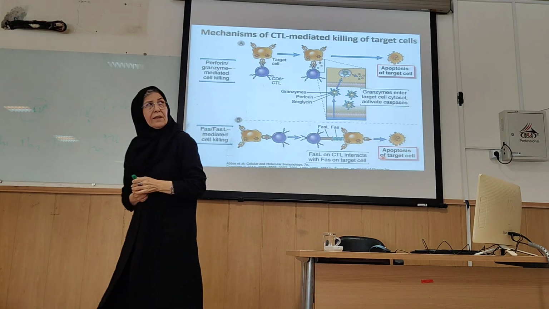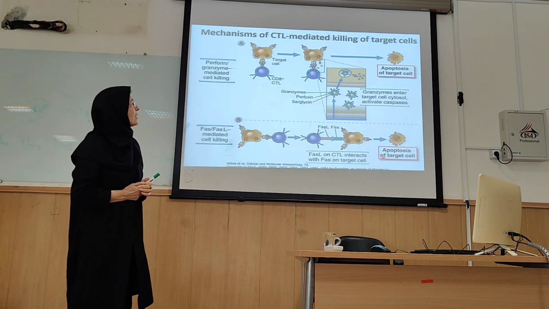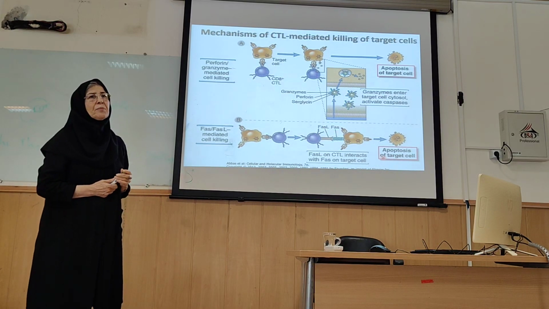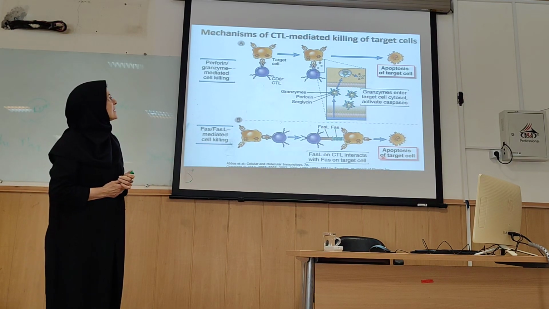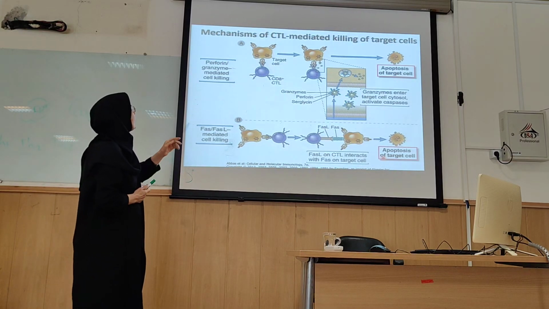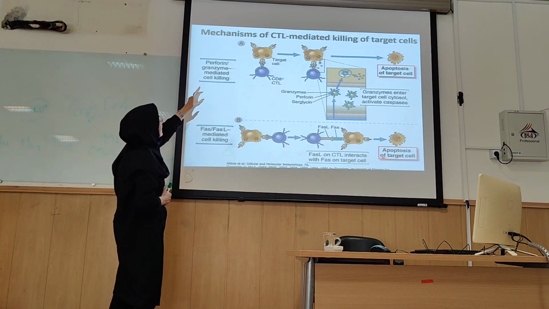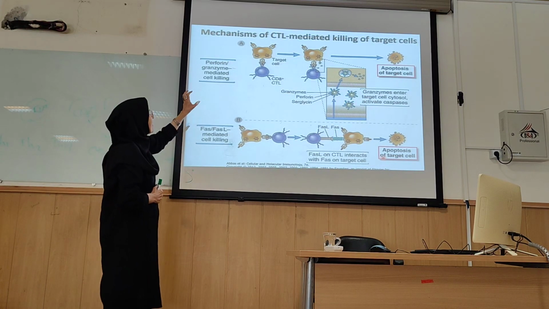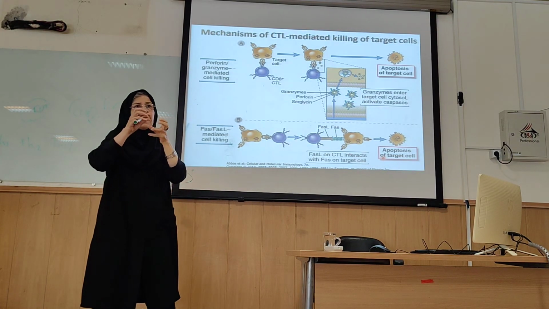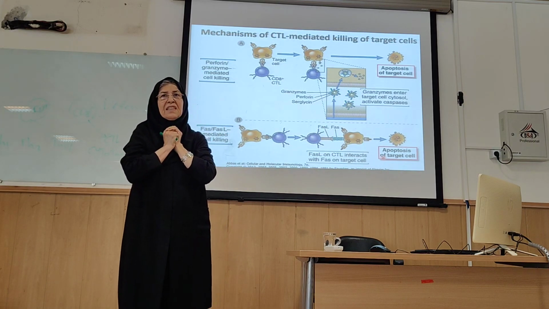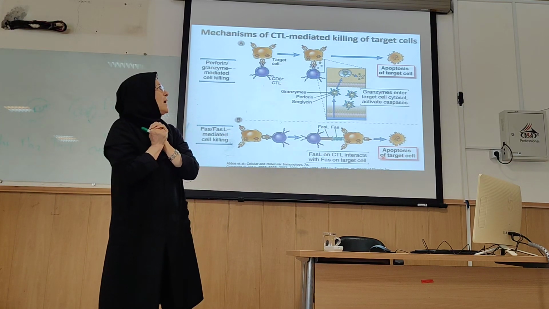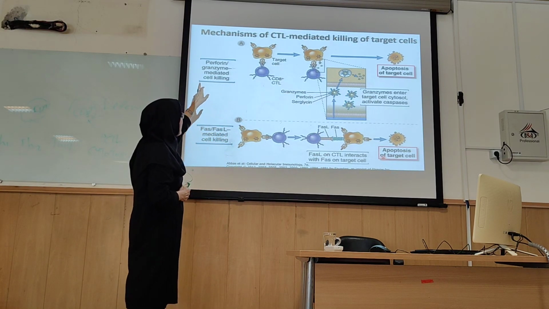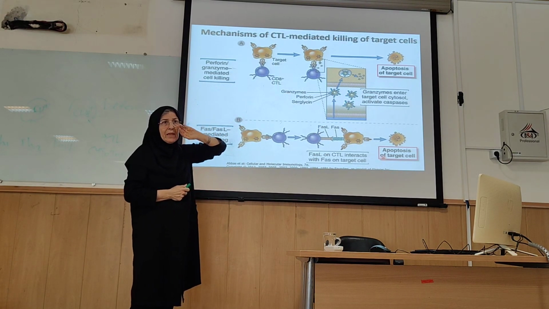You can see here two mechanisms for killing of the target cell by CD8 positive T cells, or CTLs. One of them is perforin granzyme mediated cell killing. There are some granules in the cytoplasm of the CD8 positive T cells, and these granules contain perforin and granzyme.